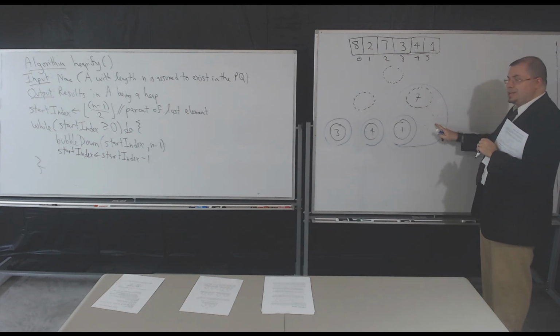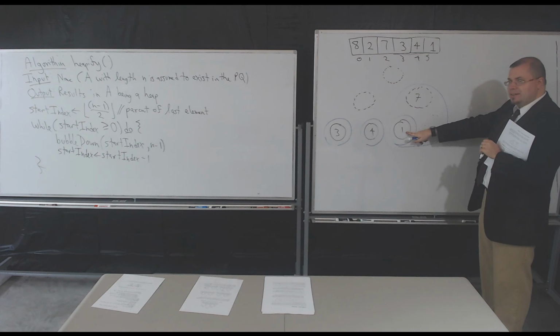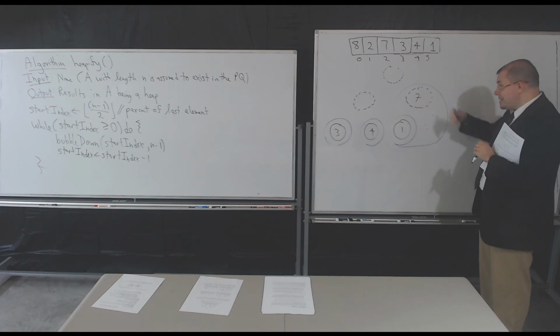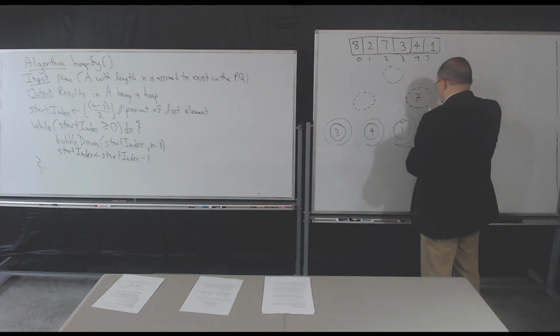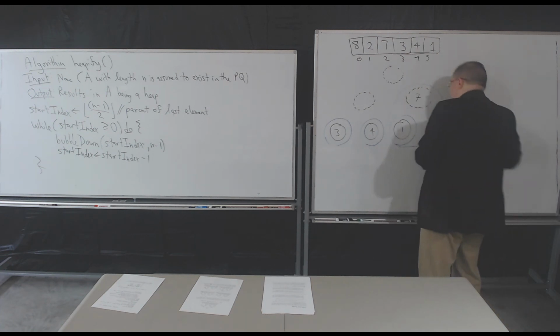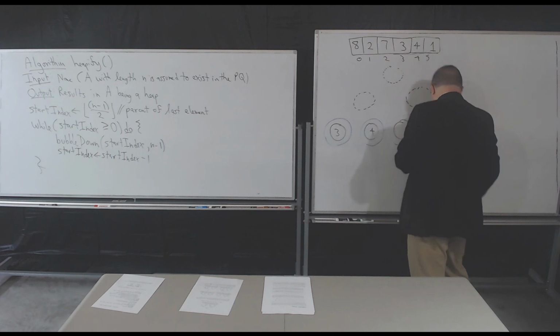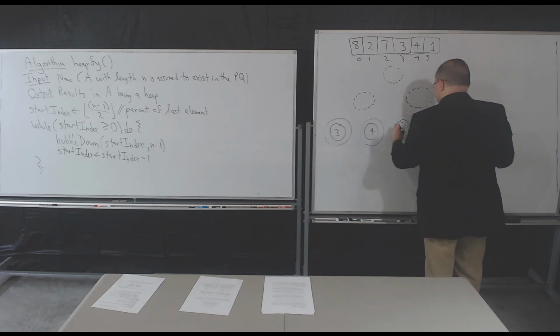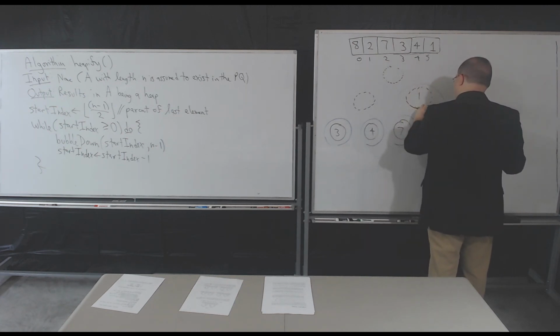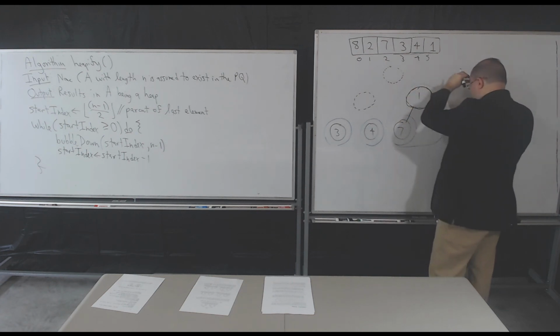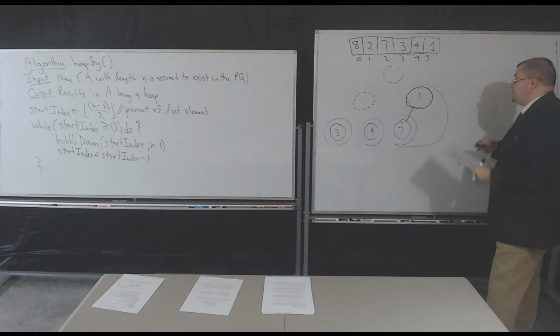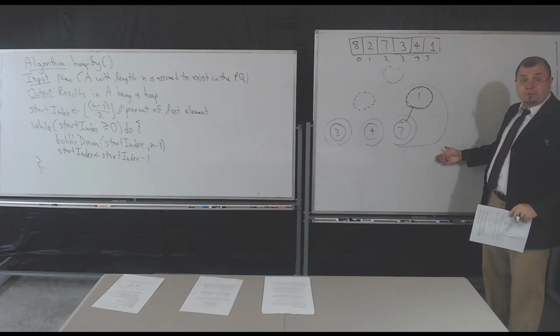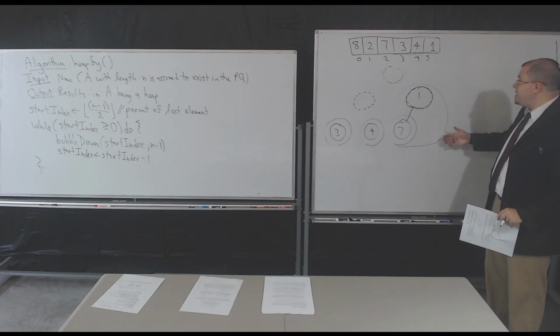But I have no right child, so I'll pick this as the child. And its key is, in fact, less than this one. So it means I have to swap them, right? Now, I don't have enough arms here. So 7 goes down here. 1's here. And there we go. So you would agree with me that this is a min-heap, right? That's a min-heap right there.